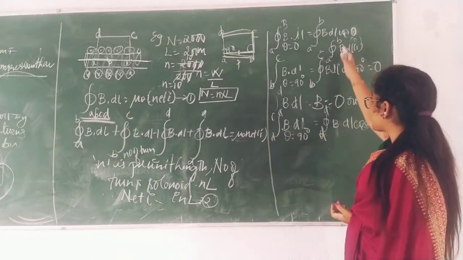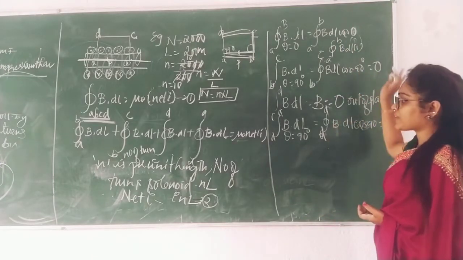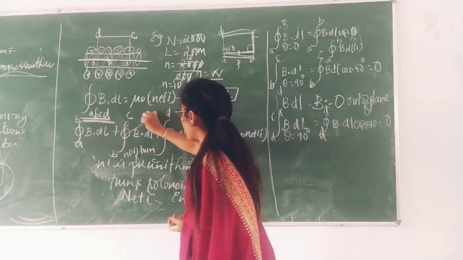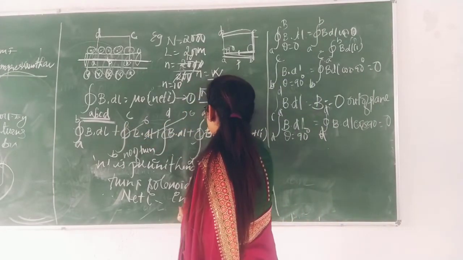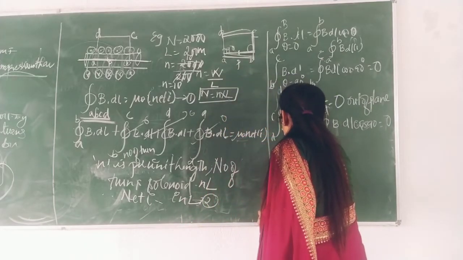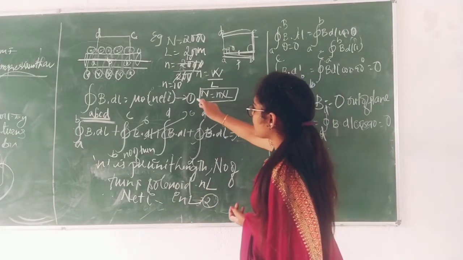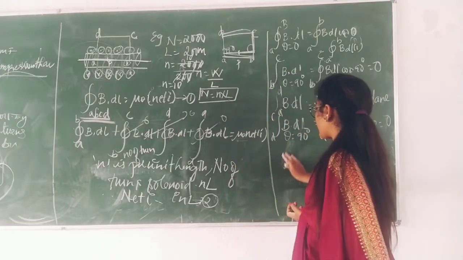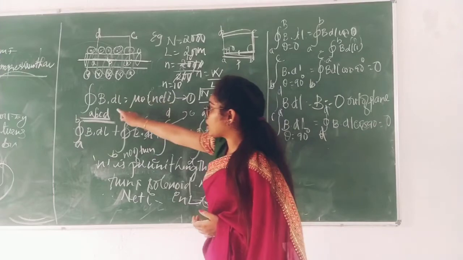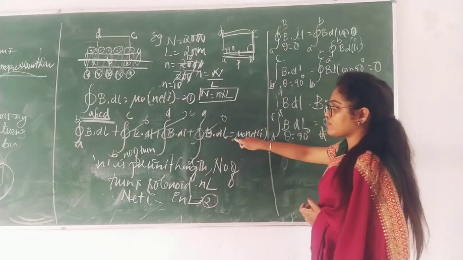So, what about the complete one? Everything is 0. This is 0, this is 0, this is 0. What happens to this equation? In equation 1, you just substitute this. In equation 1, we got the value of this, everything became 0.